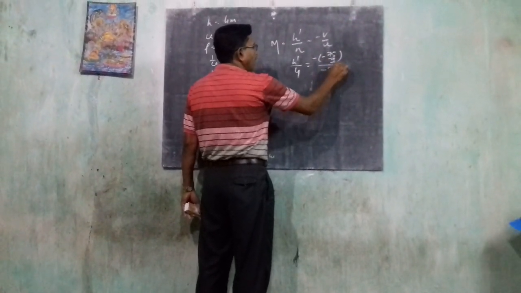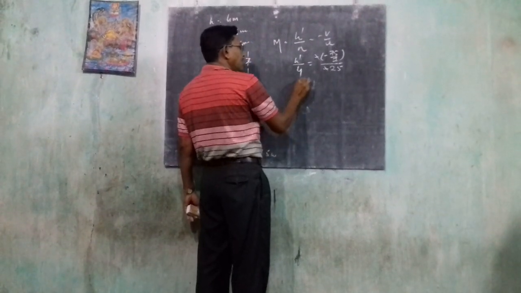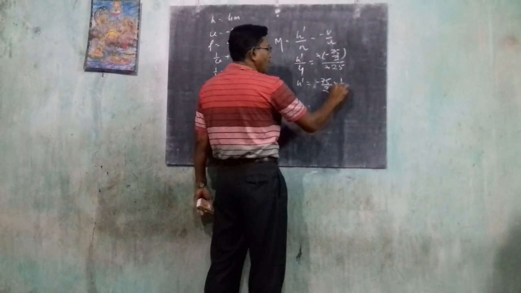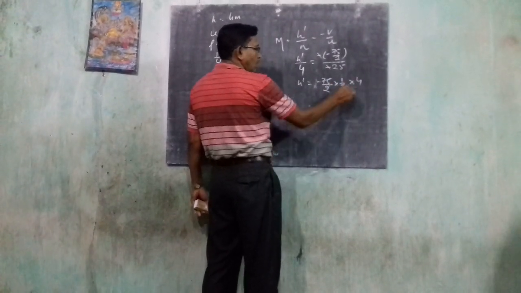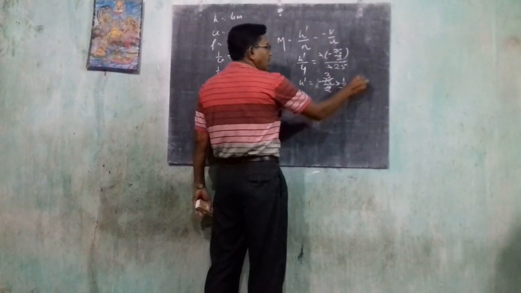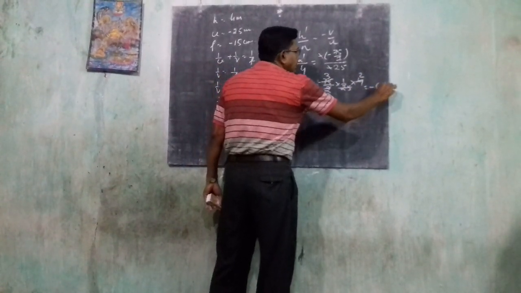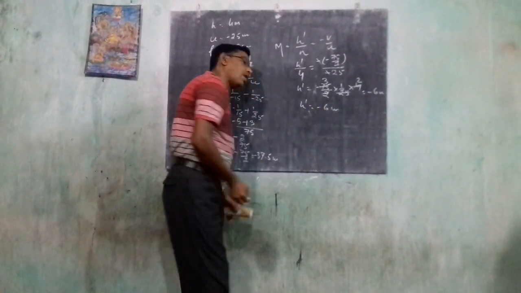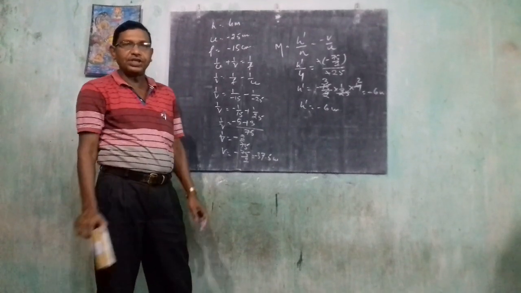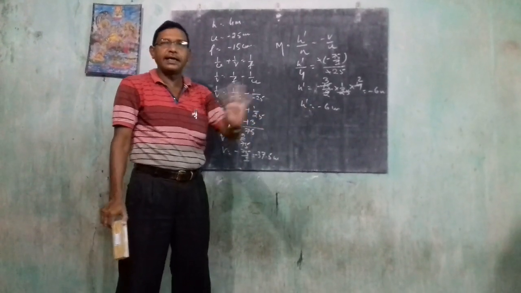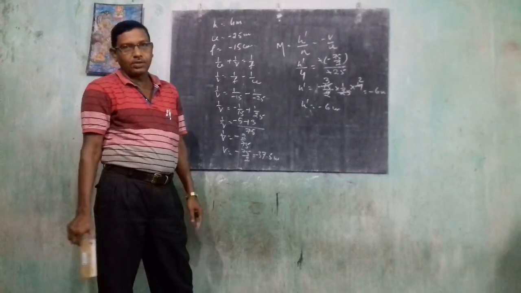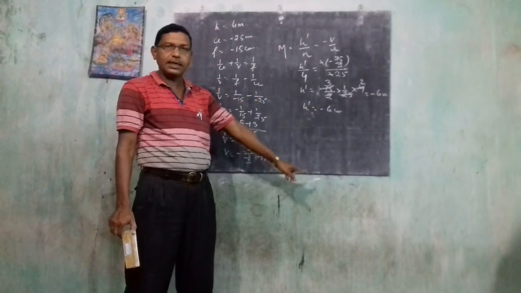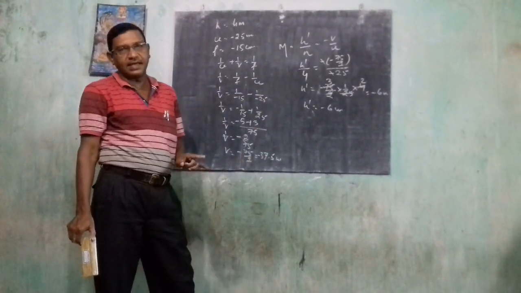The minus signs cancel, so h dash is equal to minus 75 by 2 into 1 by 25 into 4. Then 25 threes are 75, and 2 twos are 4, equal to minus 6 cm. Since h dash equal to minus 6 cm, the image is magnified. In this case the sign is never mentioned, so the minus means the image is inverted, real and big in size.